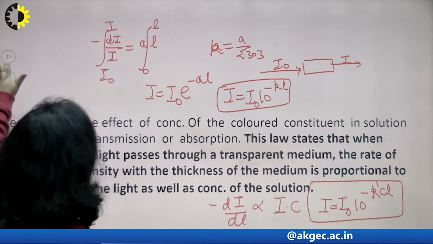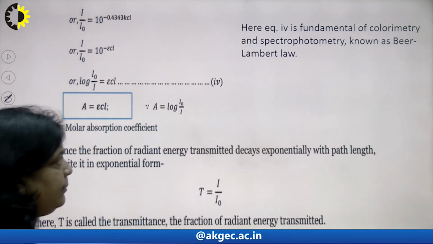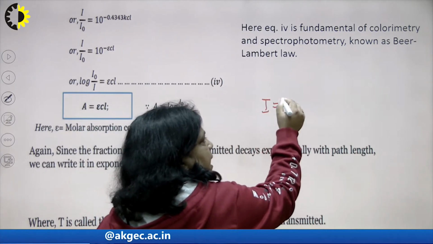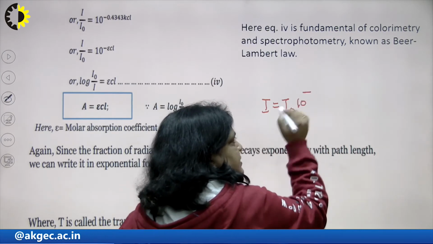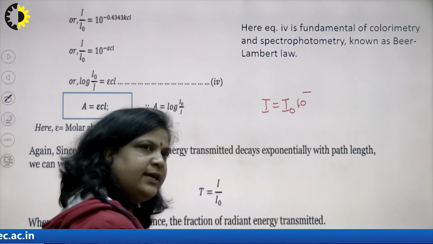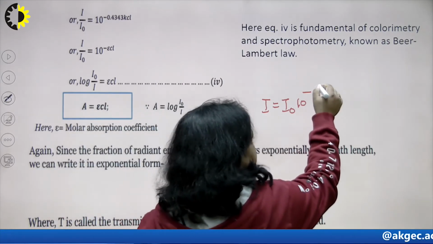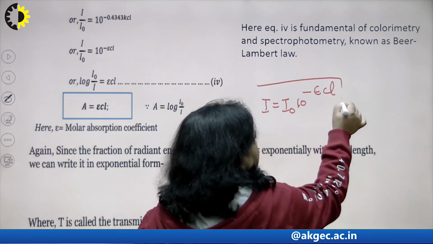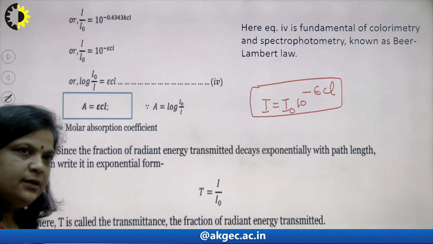Now by mixing both laws, it becomes I is equal to I naught 10 to the power minus combined constant, and suppose combined constant is epsilon Cl, where epsilon is the extinction coefficient.